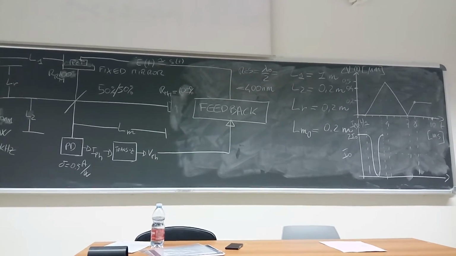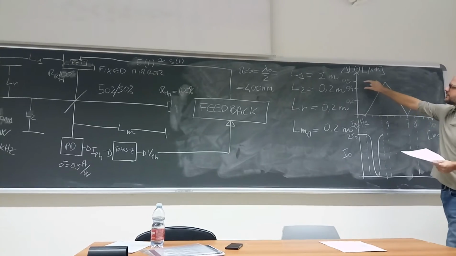Sorry? It's like saturated, so it should stay. No, this is not correct. Of course, you are moving by a quantity that is not equal to the resolution, so you will not see a full variation of the photodetected current.